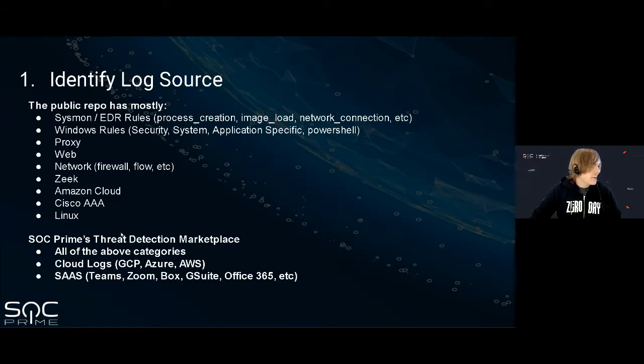So the public repo for cloud has AWS, but in SOC Prime's TDM, we have stuff for Google Cloud, Azure, Office 365, G Suite, Zoom, Teams, etc. So there's a lot going on in the threat detection marketplace that hasn't made it into the public repo.